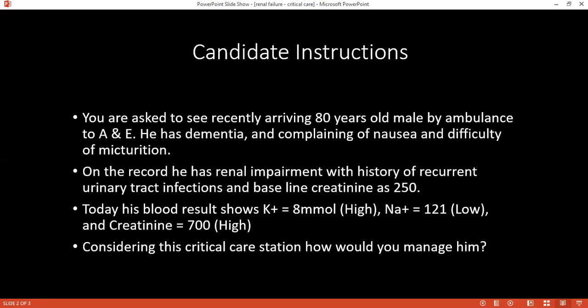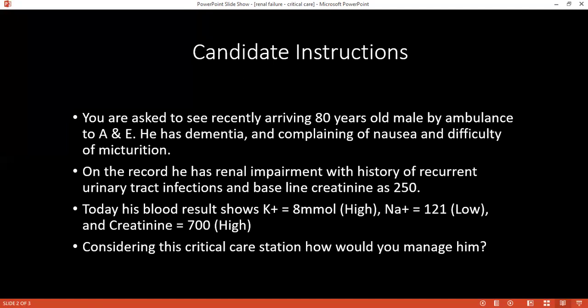Very good. Can you tell me the complications of acute kidney injury if it's untreated? It affects the whole body, such as the central nervous system. The patient will be agitated and confused. This is uremic encephalopathy.